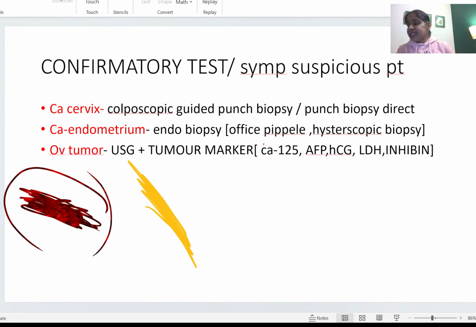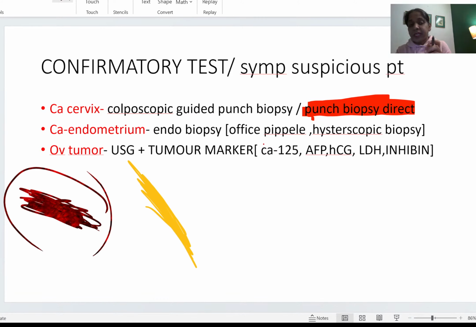Okay, now let's do the confirmatory test. What are the confirmatory tests? For CA cervix, if you are able to see the lesion on the cervix, then we will do a punch biopsy from that lesion.